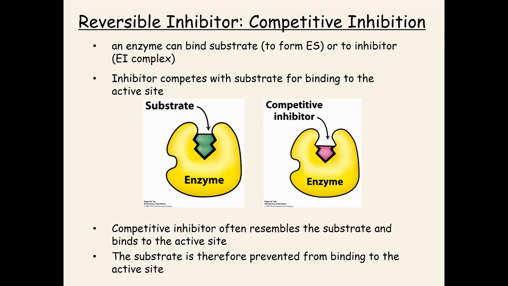In a competitive inhibitor, you have a competing molecule that also resembles the enzyme active site, so there are a lot of similarities between the substrate and the competitive inhibitor. To get the same speed of your enzyme, you're going to have to crank up and increase Km.